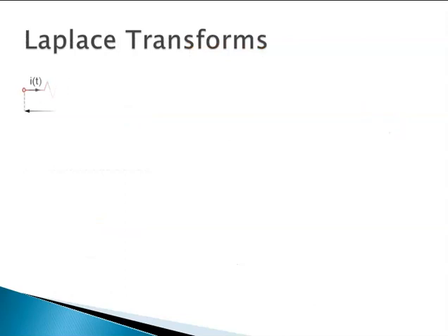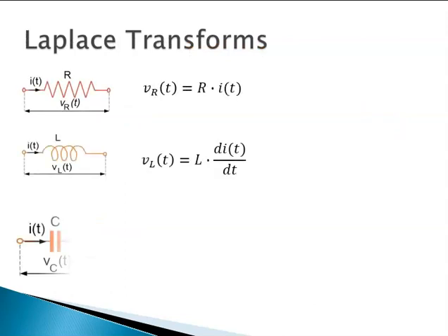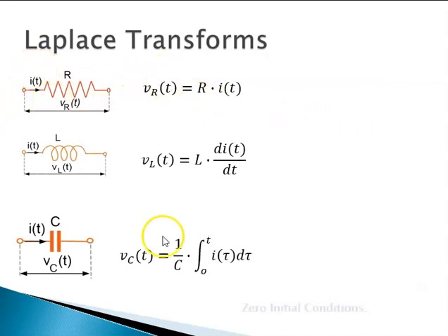Since we deal with Laplace transforms with a view to deriving the transfer function, we write the equations, then take Laplace transforms with zero initial conditions and see what is the contribution of each of these components.